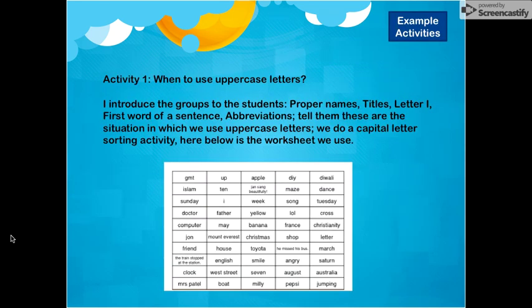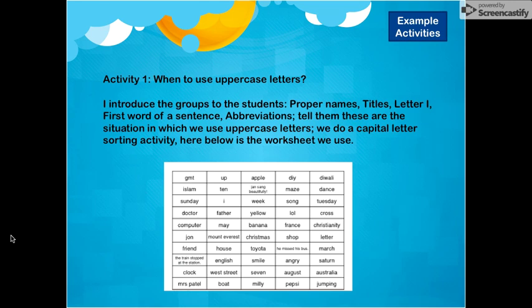About activities I will be using in class, I want to talk about these two. Activity one is called when to use uppercase letters. First of all, I will introduce to the students the groups in which we should use the uppercase letter: proper names, titles, the letter I, the first word of a sentence, and also abbreviations.